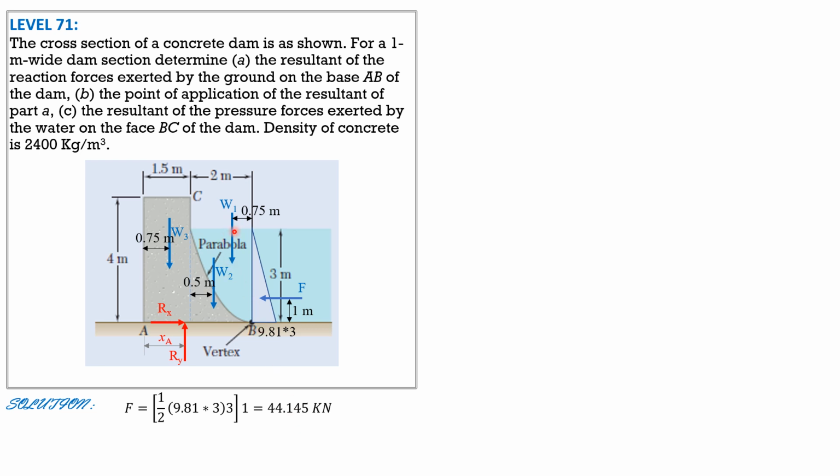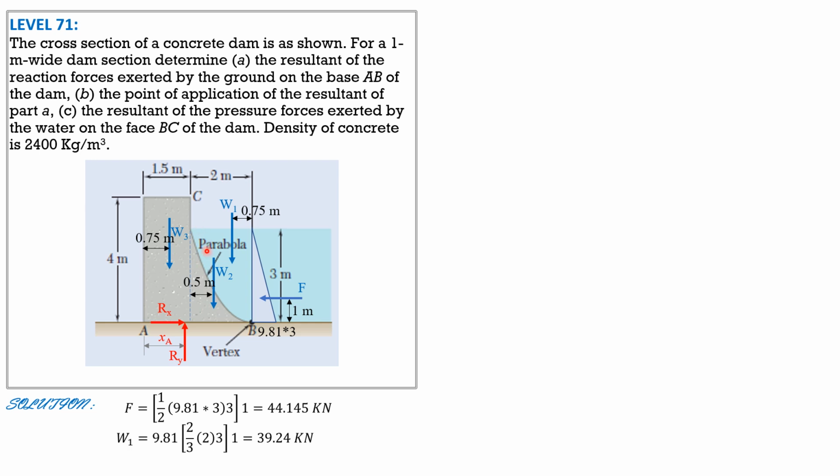For weight 1, it is the specific weight of water times the volume of water. Volume of water is the area of the parabola, which is 2/3 base times height, 2/3 of 2 times 3, and width perpendicular to the board 1. So weight 1 is 9.81 times 2/3 of 2 times 3 times 1, so 39.24 kilonewtons.